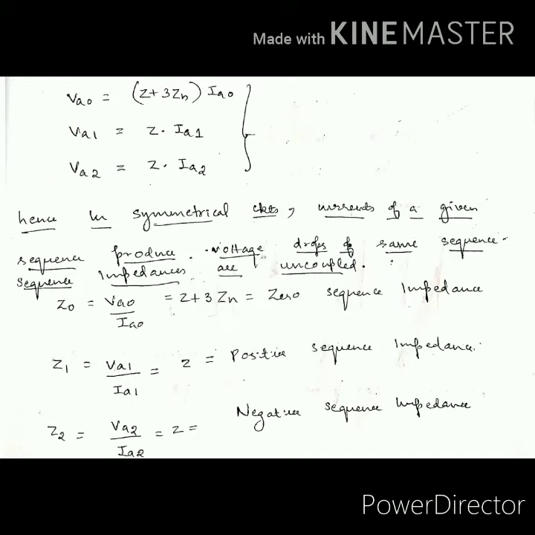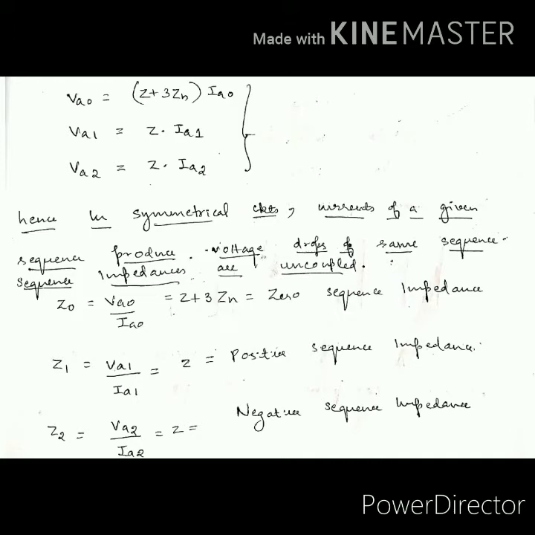Now you can observe in these equations one thing: if you see the zero sequence current IA0, it is expressed in terms of zero sequence voltage VA0. If you see IA1, it is expressed in terms of VA1. Similarly with IA2. From this you can say that sequence impedances are uncoupled.